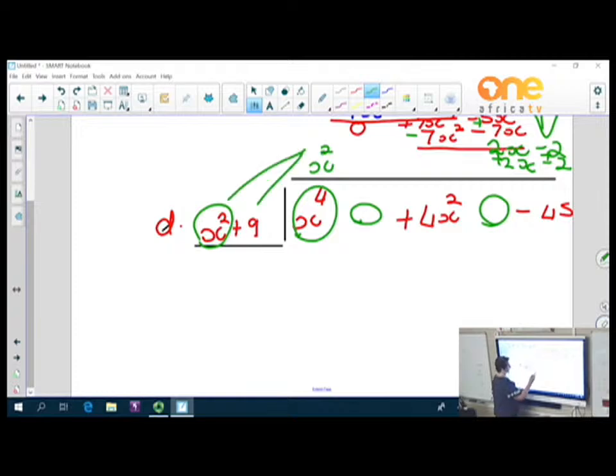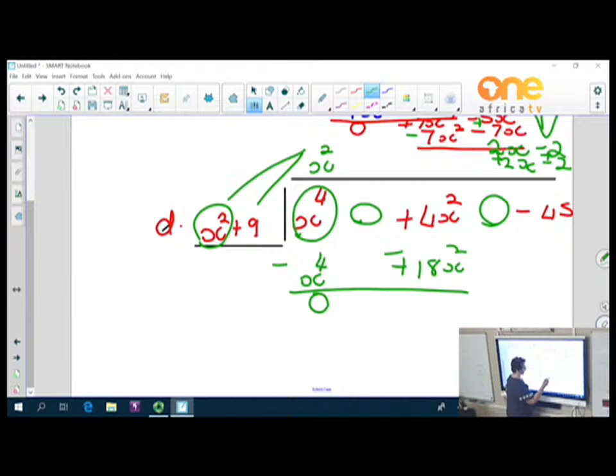Now we multiply, then you have x to the power of 4 plus 18x squared. So I arrange them there. Subtract, you're still going to do the same steps. This one eliminates. Positive 4 minus 18 is negative 14x squared. And I bring down that one, negative 45.